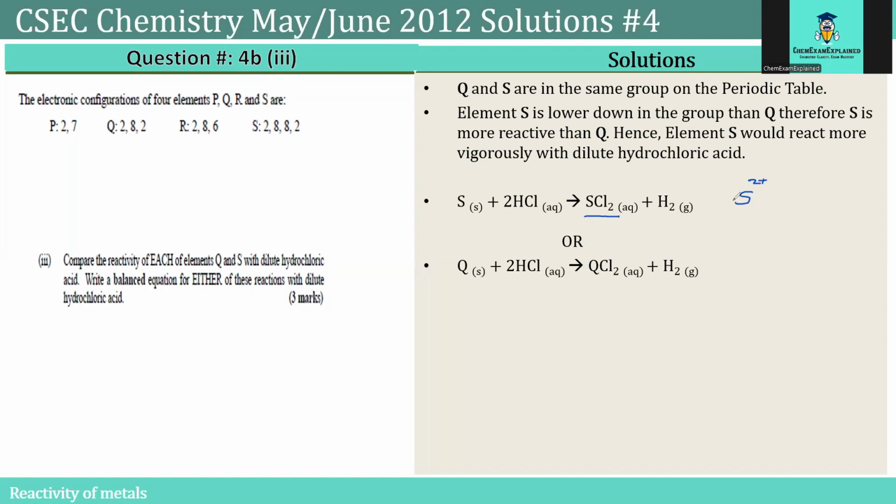And S will displace the H from the HCl. So I'm combining S with Cl. Now I have S with a 2+ and Cl with a minus. So I need another Cl for it to be electrically neutral. And so the formula would be 1 S with 2 Cl. And that's your salt. This is the end of CSEC Chemistry, May-June 2012, question number 4.